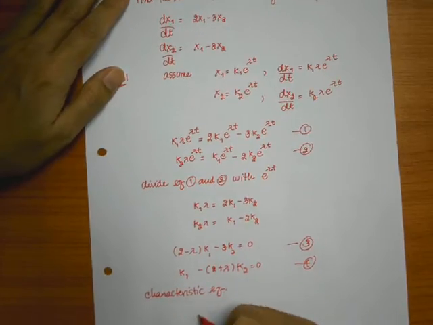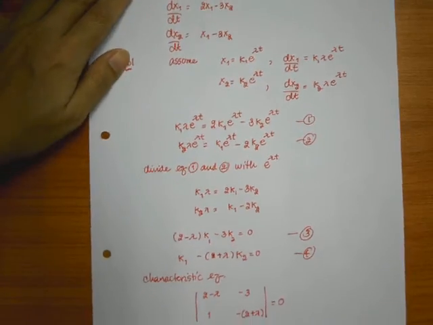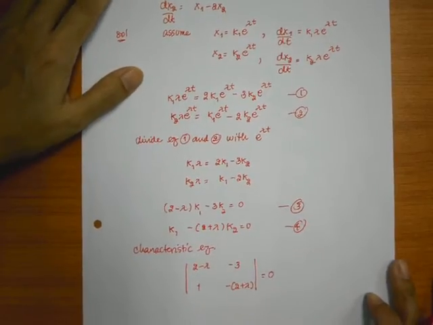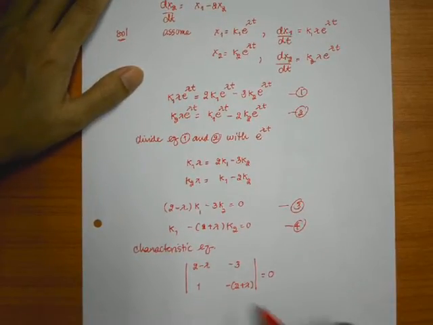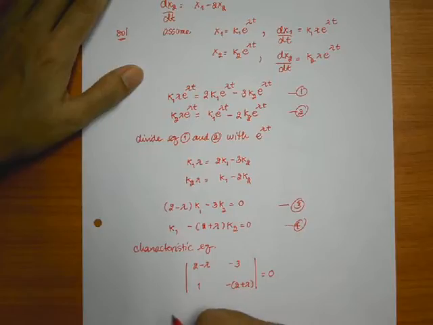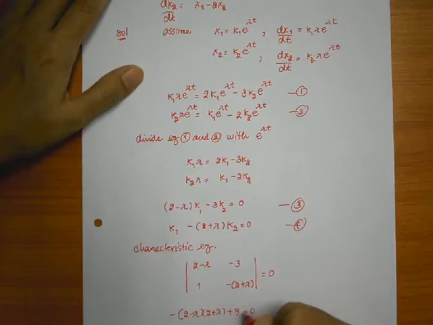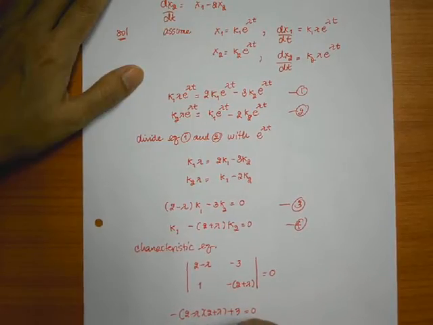Okay, we would get the determinant of 2 minus lambda, minus 3, 1, minus 2 plus lambda equal to 0. And then to find this determinant, we would get minus 2 minus lambda times 2 plus lambda plus 3 equal to 0, minus 4 minus lambda square plus 3 equal to 0.